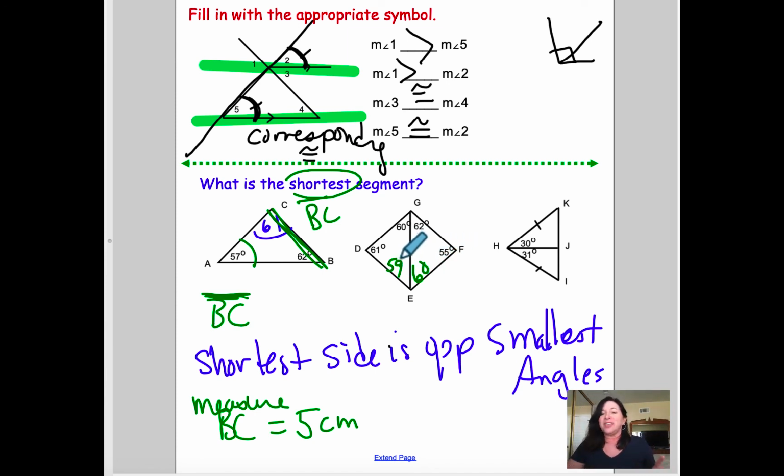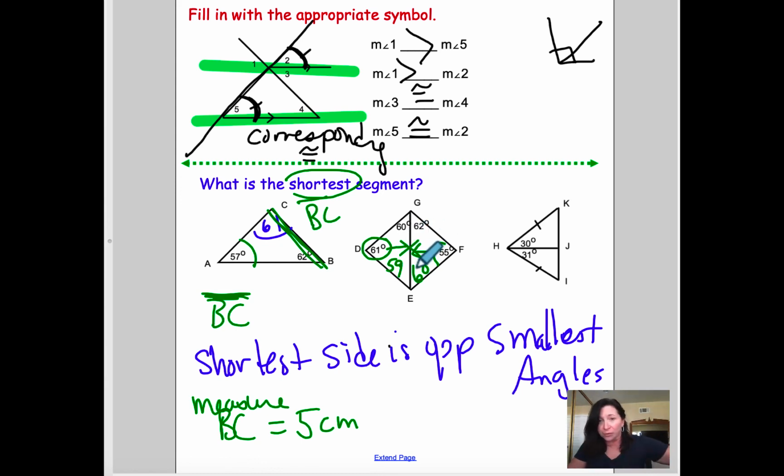Okay, now this is a trick question. I've seen this on the SAT, with different numbers, but you should know this. The smallest side is opposite the smallest angle. When it looks like this, the smallest angle appears to be here at 55, which would make that the smallest side. However, this is not the smallest angle in that triangle, which means that negates that.